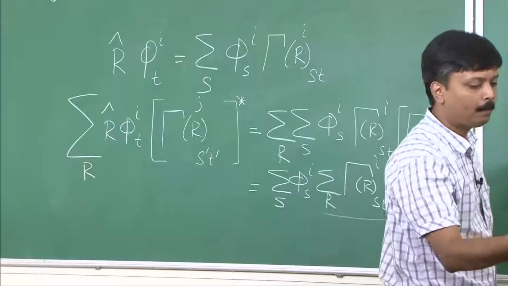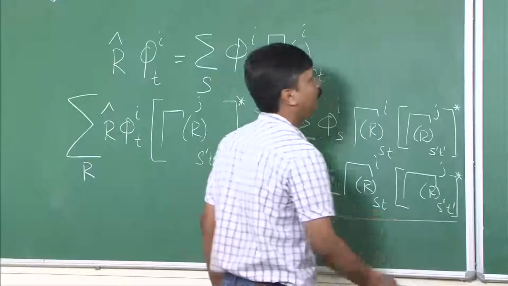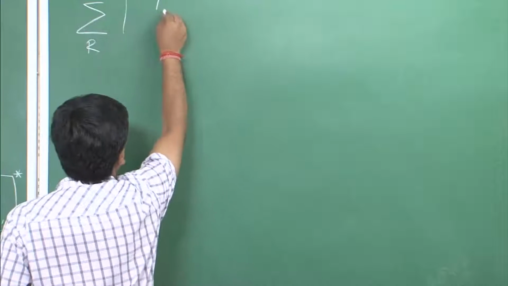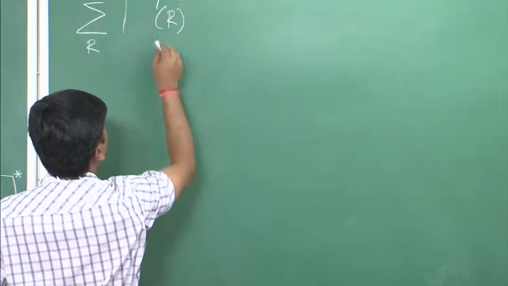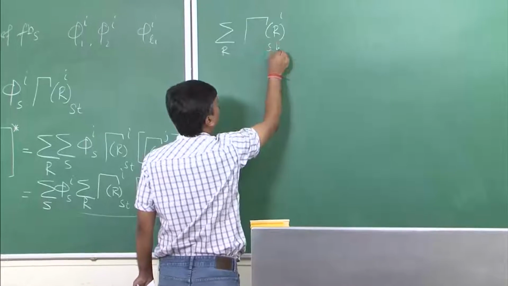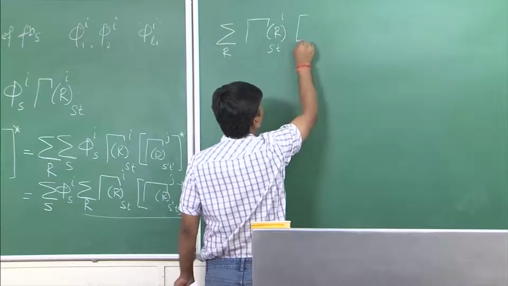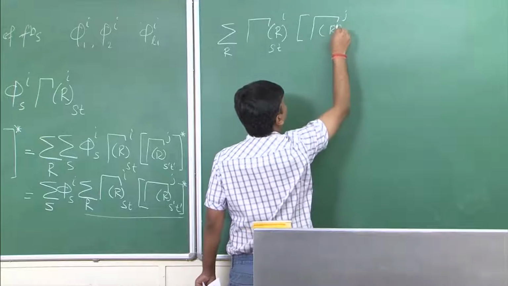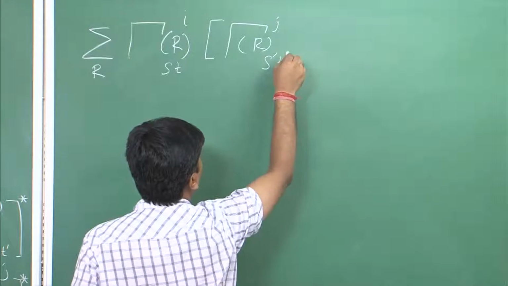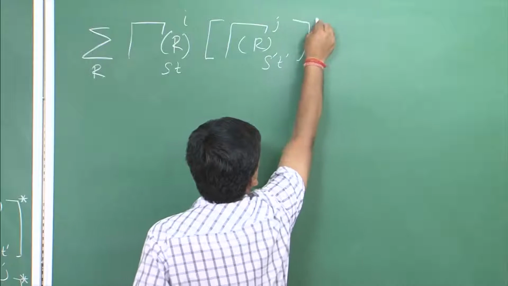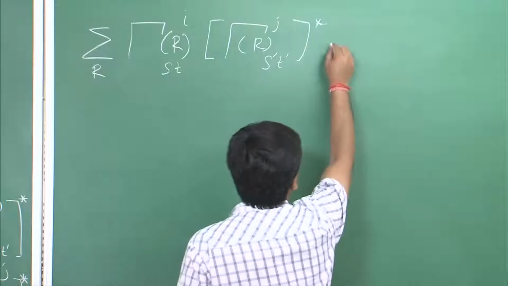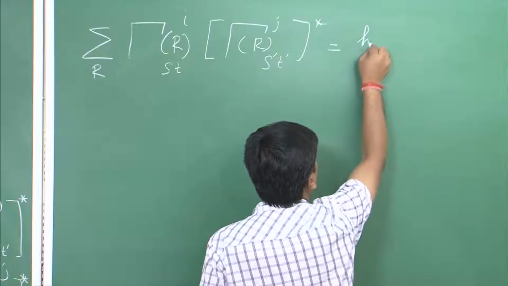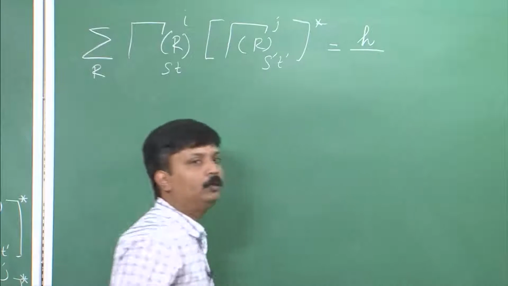If I just take this one, it is the sum over R of gamma of R for the ith irreducible representation having elements s and t, multiplied by gamma of R for the jth irreducible representation having elements s prime t prime, is equal to, if you remember the great orthogonality theorem that we have discussed earlier, we have considered the order of the group to be h.